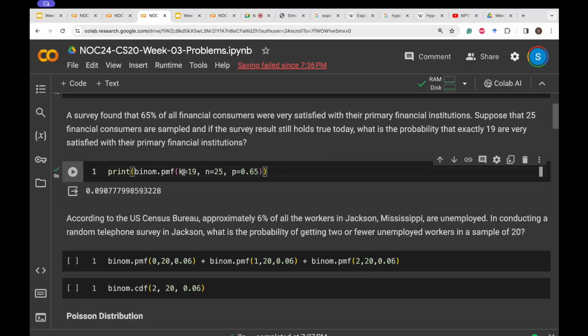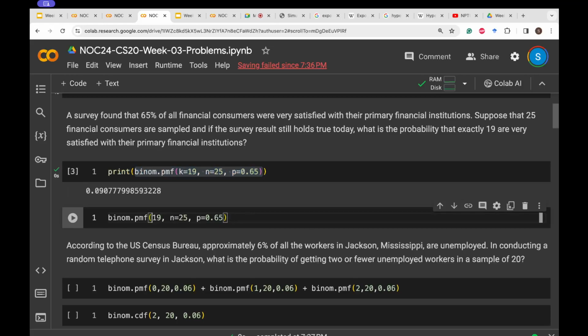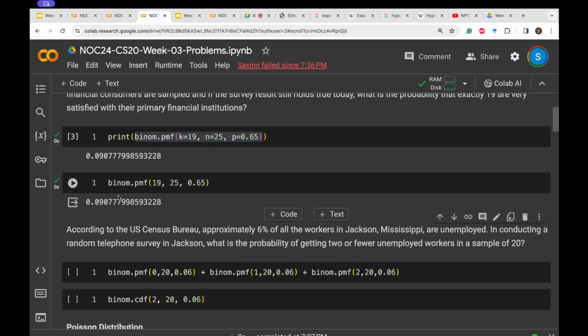By the way, it is optional to give k, n and so on. You can simply pass the parameters like this, 9, 25, 0.65. It will still give the same output. Is it clear to everyone?